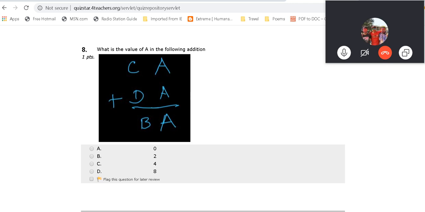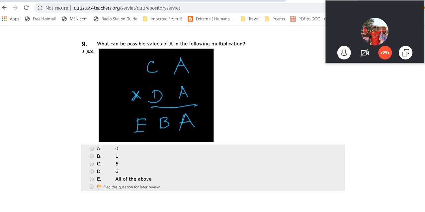What is the value of A here? 0. 0 is the answer because no other digit added to itself will give you the same digit. 1 plus 1 is 2, 2 plus 2 is 4, 3 plus 3 is 6. So look at this, A plus A gives you A. That can only happen when it's a 0. Clear? Yes, sir.